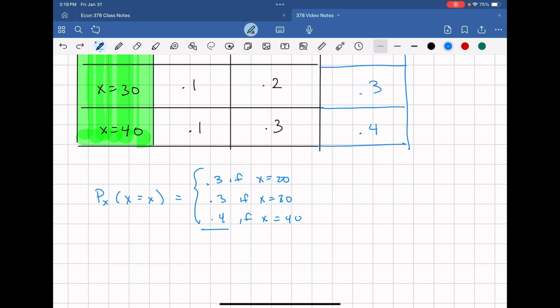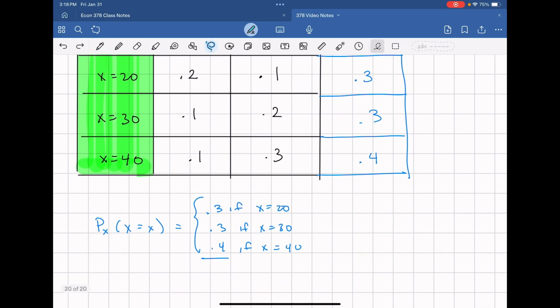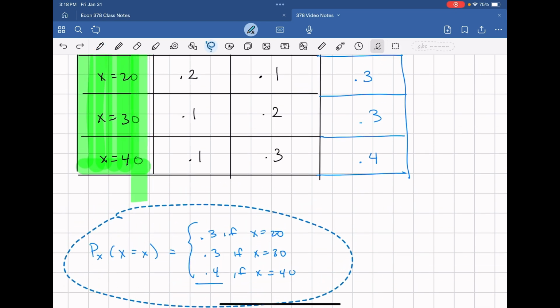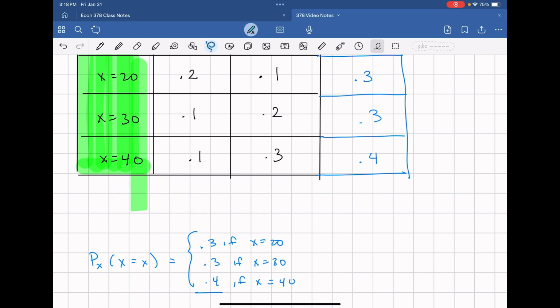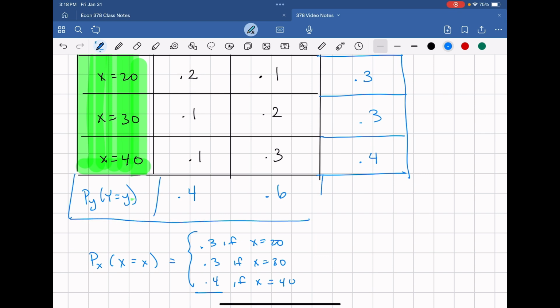We can do the same thing for y. We can find the marginal distribution of y and just add up the rows. So this is 0.4 and this is 0.6. So this would be the marginal distribution of y.